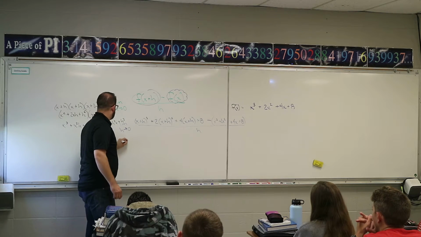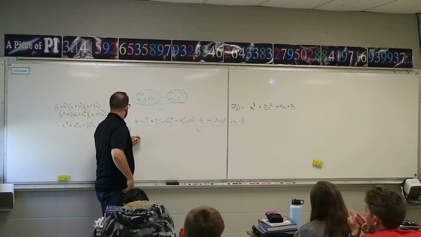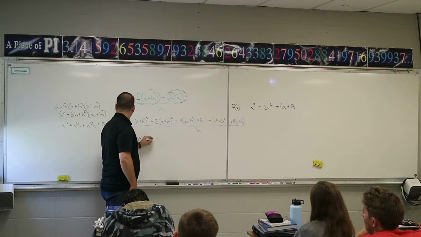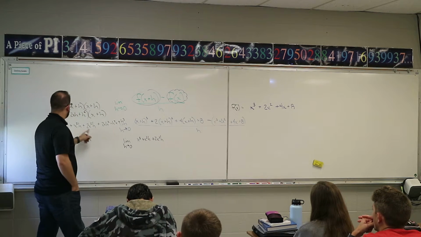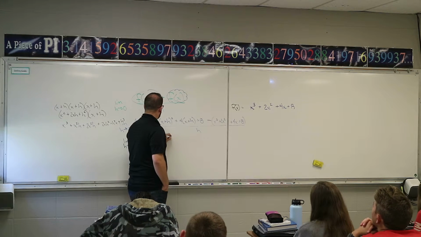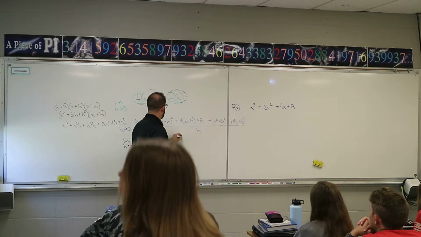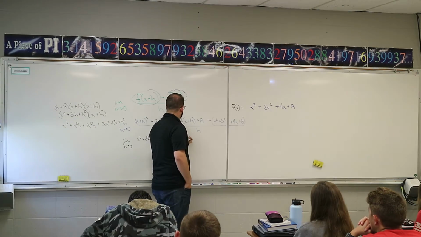So, limit as h approaches 0, x cubed plus x squared h plus 2x squared h, which technically could add together, so like 3. Plus 2xh squared plus h squared x, which also makes 3. And h cubed. Okay.